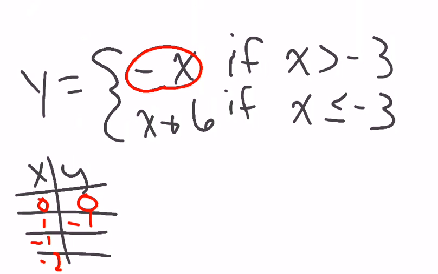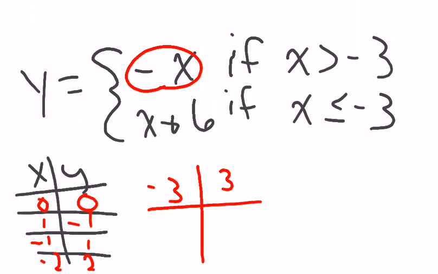If I plug in negative 1, I get positive 1. If I plug in negative 2, I get positive 2. I also want to plug in negative 3 even though it's not equal to, so I know what it looks like as it goes up to negative 3. And we would get 3 if I plug that in.